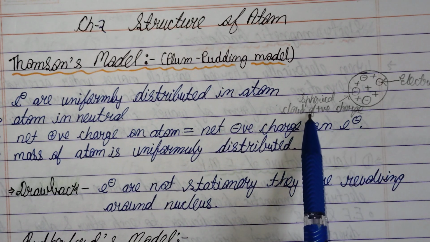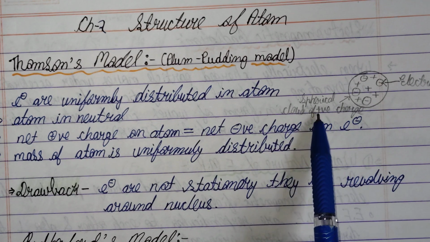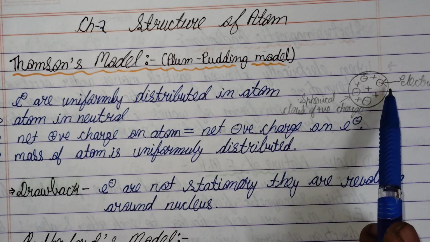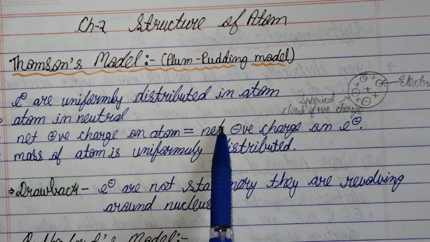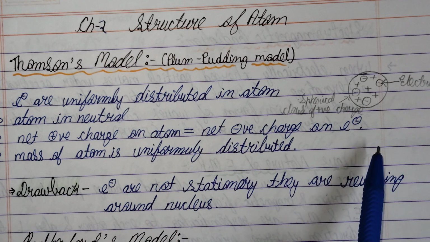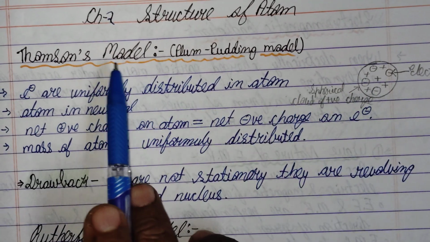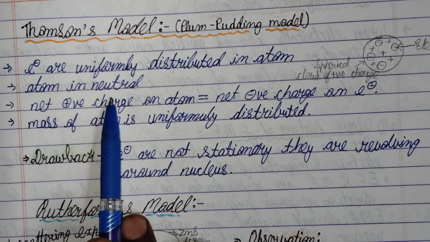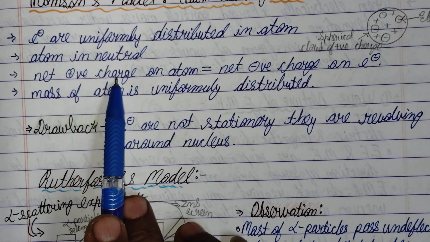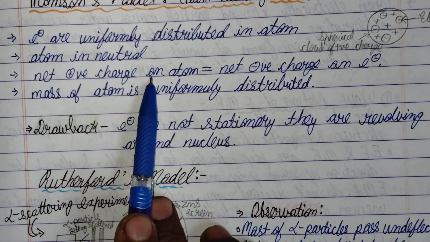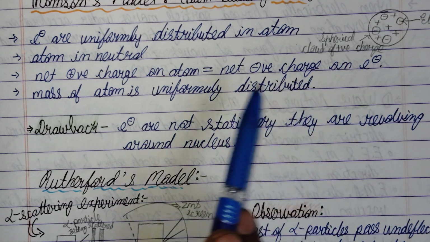It is given as a spherical cloud of positive charge, and the negative charges are all embedded equally in the atom. This was the atom's structure given by Thomson's model. Finally, the atom is neutral.